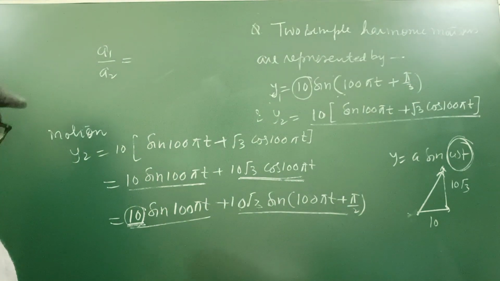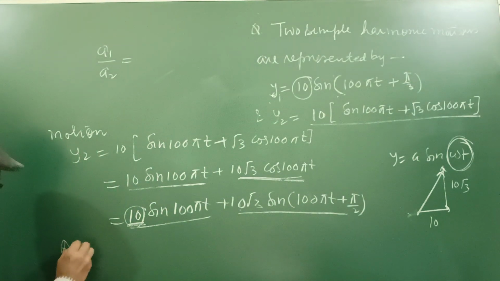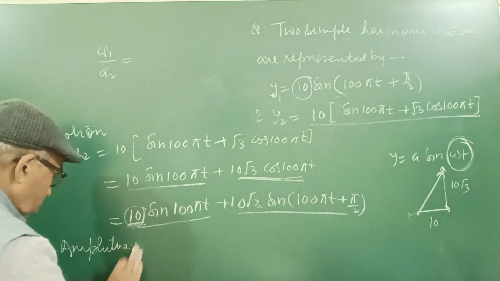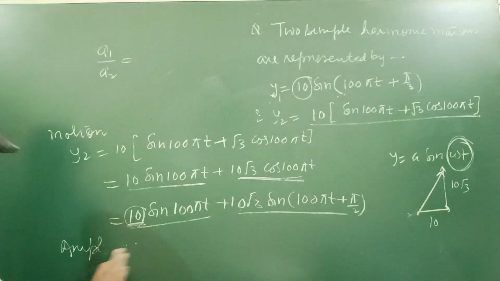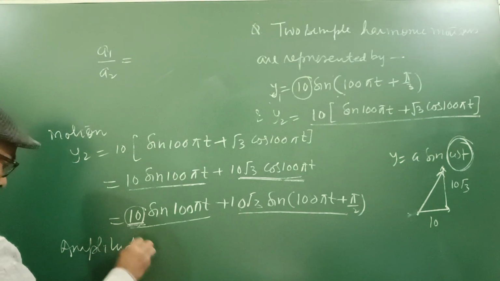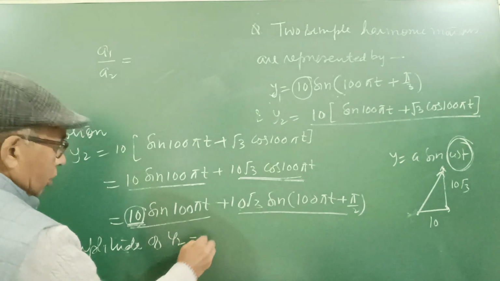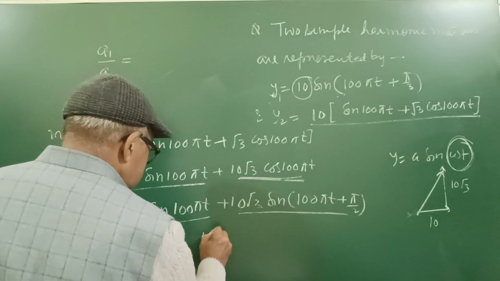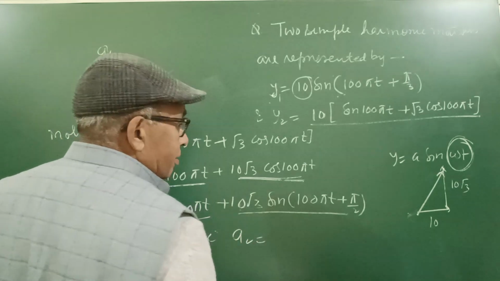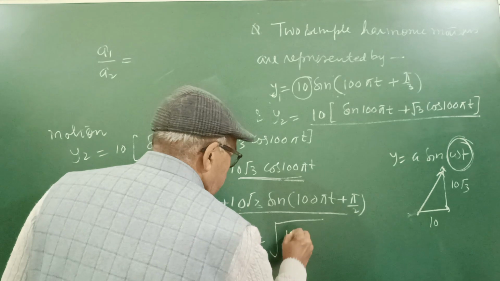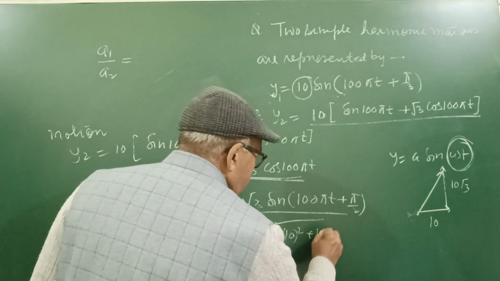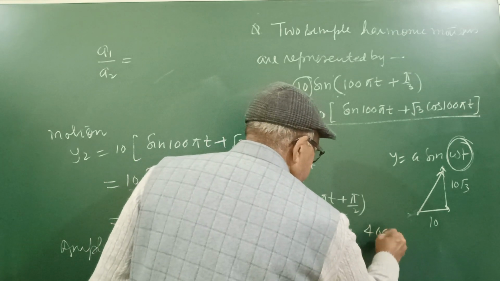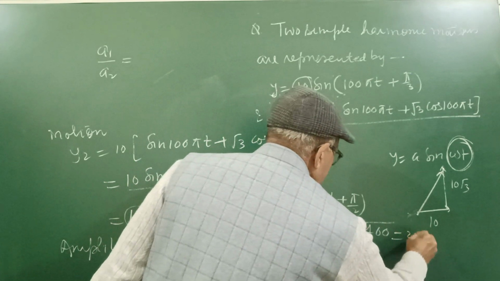So the amplitude of y2, that is a2, is under root of 10 squared plus (10 root 3) squared, which is root 400, equal to 20.